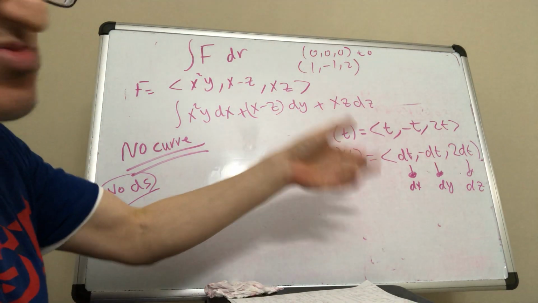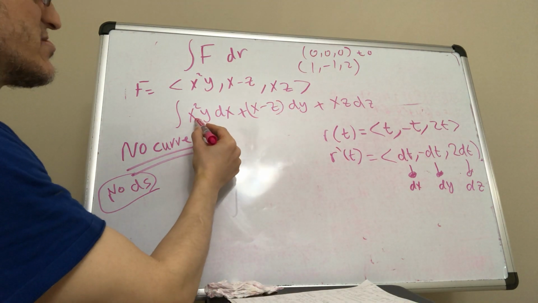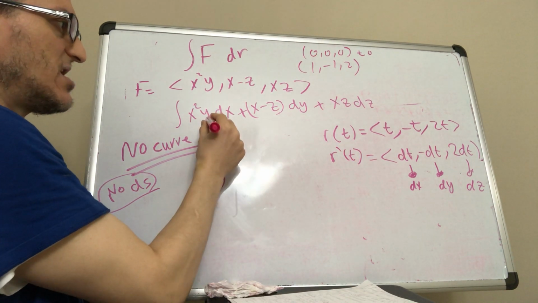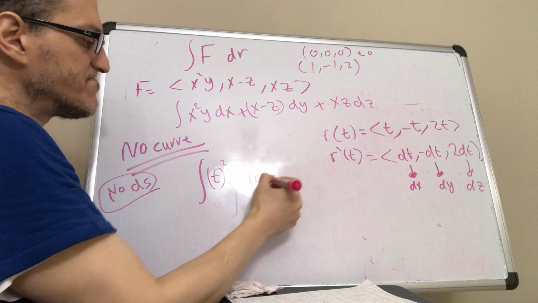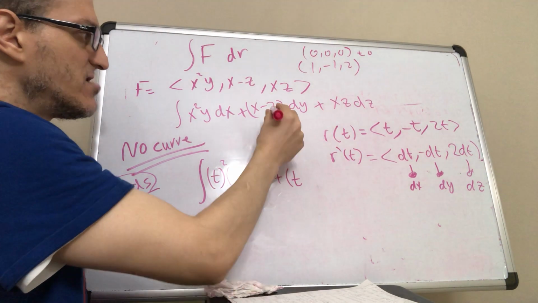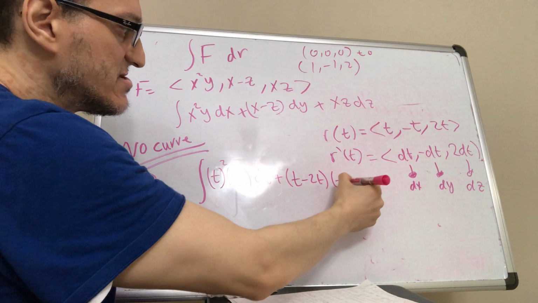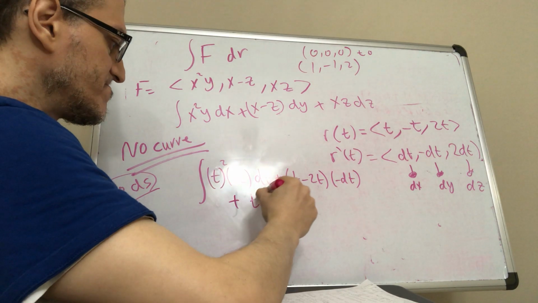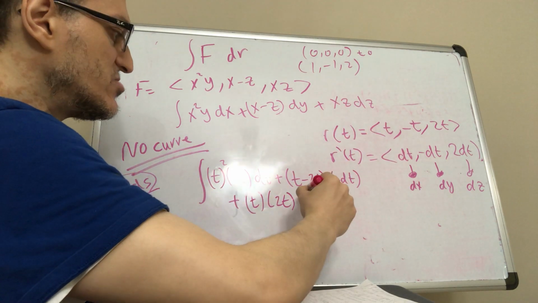If ds was given, you would find the magnitude. Here we don't, so we just integrate. X squared, this squared, times y, which is minus t, and dx, which is dt, plus x, which is t, minus z, which is 2t, dy, which is minus dt, plus x, which is t, z, which is 2t, dz, which is 2 dt.